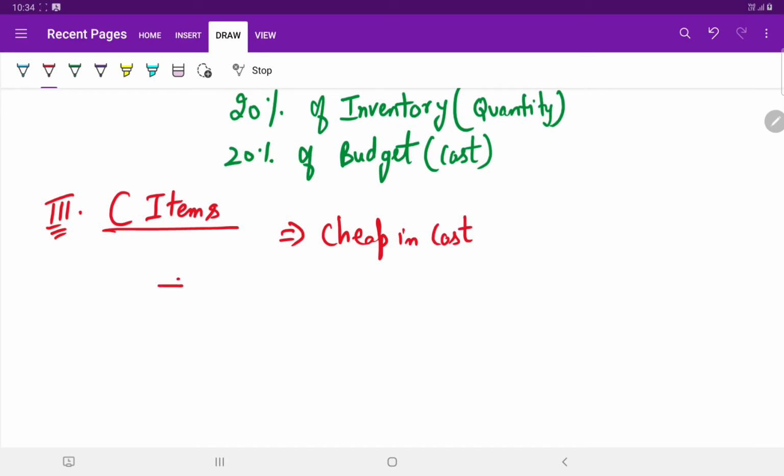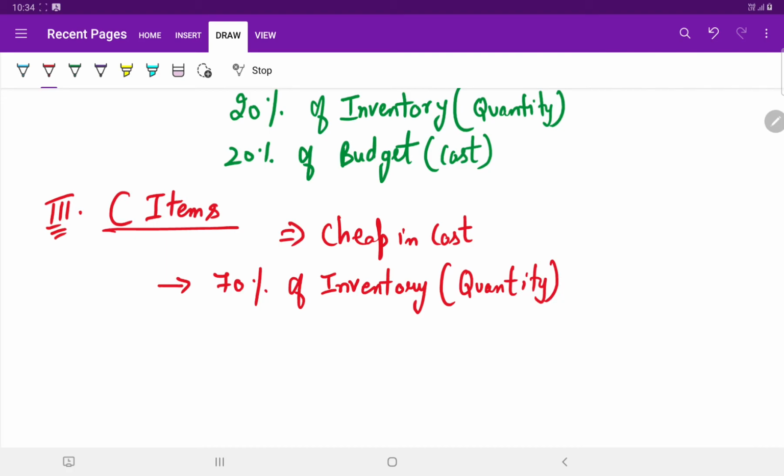So they will be representing around 70% of inventory in terms of quantity and only around 10% of budget if we are talking in terms of cost. So expenditure is not that much.